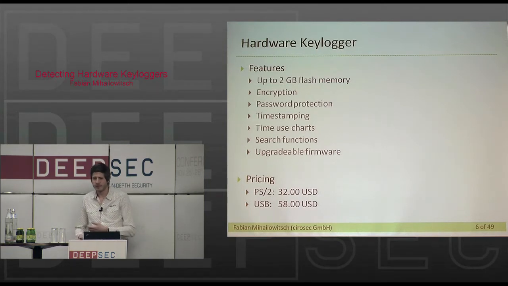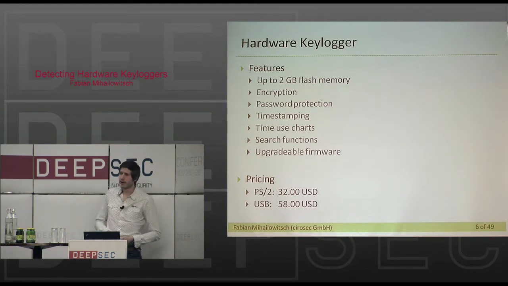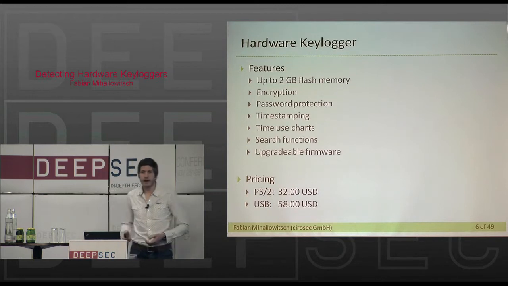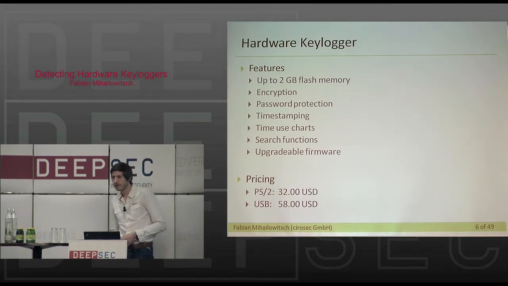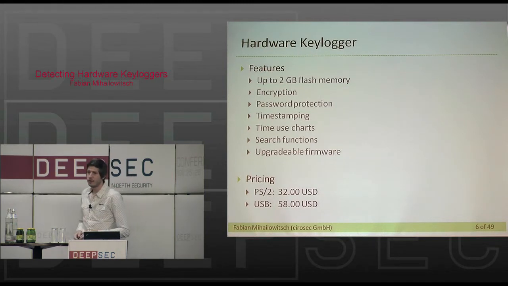They have search functions to search through the logs, and some models allow firmware upgrades, so it's quite complex. Those devices have plenty of functionality, but they are quite cheap. They start at 32 US dollars for PS2 and 58 US dollars for USB, so quite cheap.